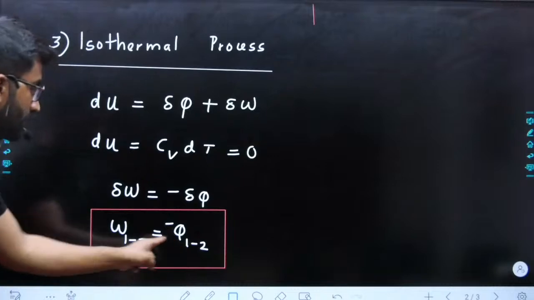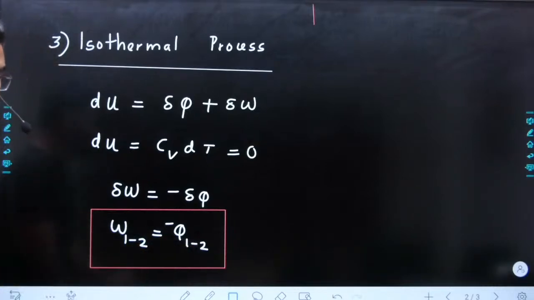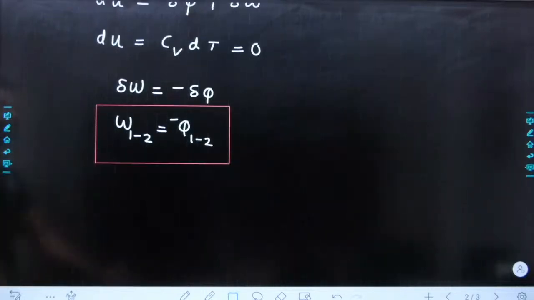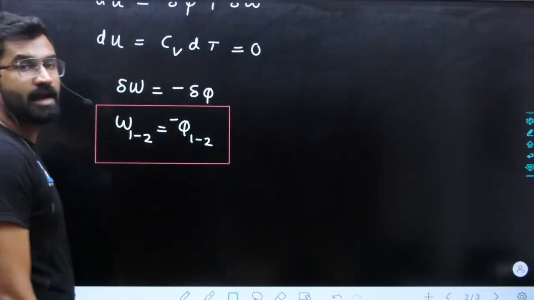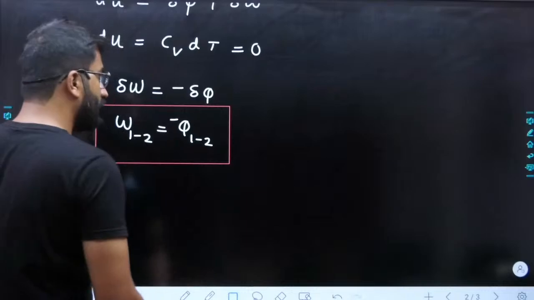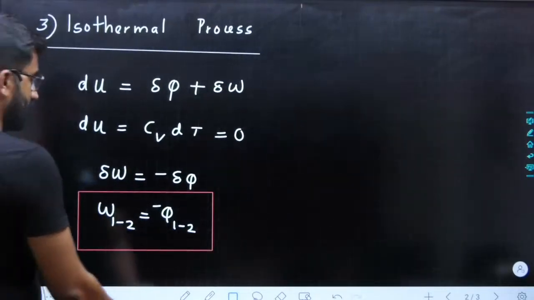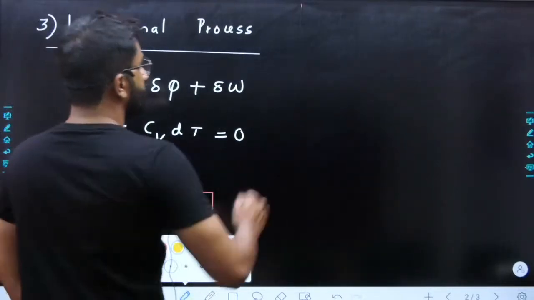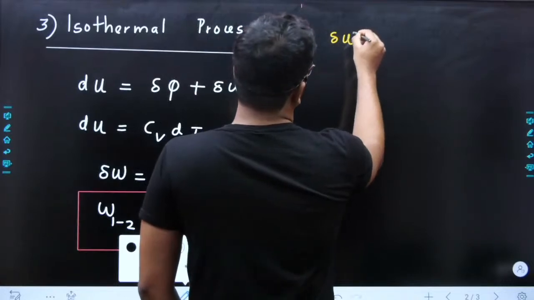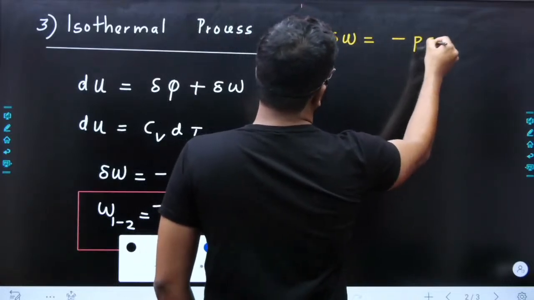So that is why we are getting this equation. Okay, so this is easy. Now if you want to find the heat transferred, you have to calculate the work. So how do you calculate work in case of an isothermal process? δW is equal to minus PdV.